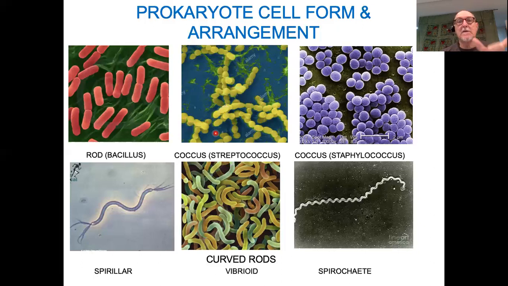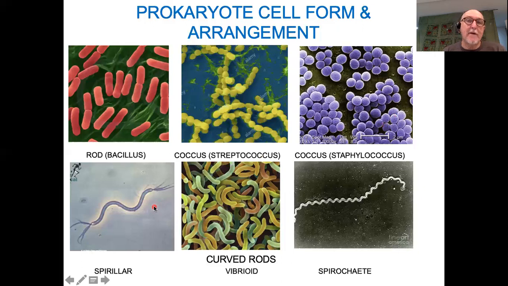The streptococci are cocci which are in a straight chain. These are staphylococci. They're also coccoid, but they occur in bunches. Staphylo actually is Latin for grape. They are like bunches of grapes. That's the easiest way to remember.